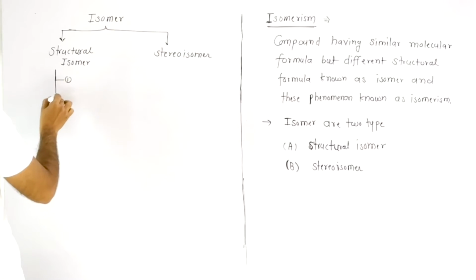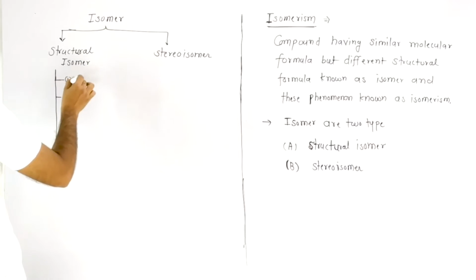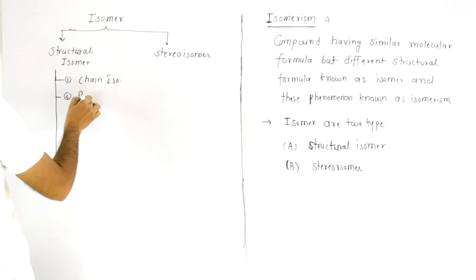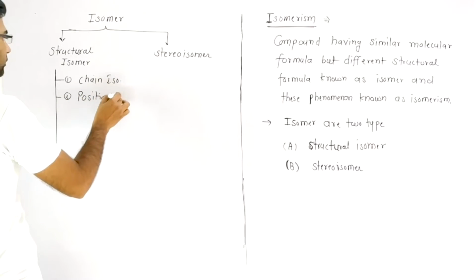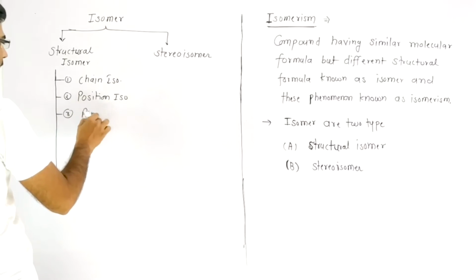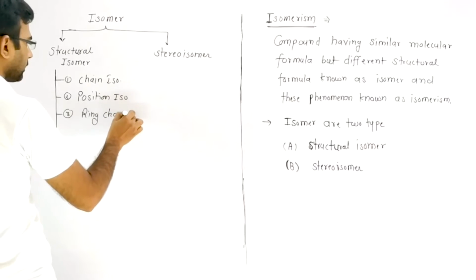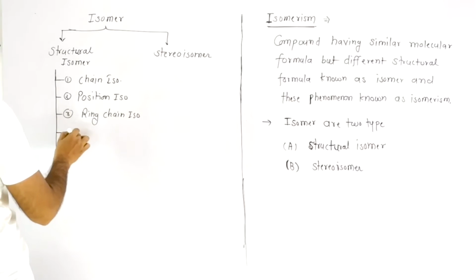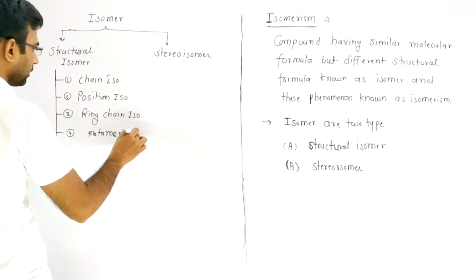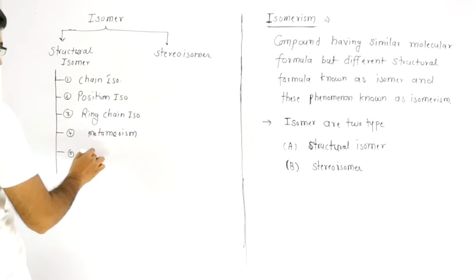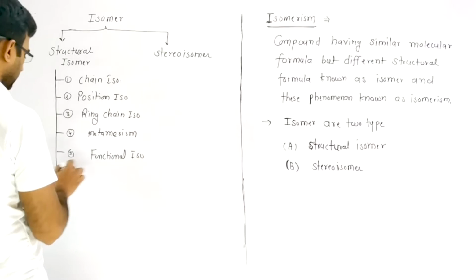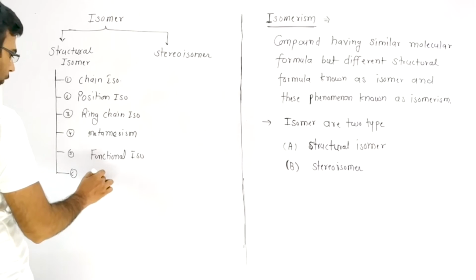Now structural isomer is further classified into chain isomer, position isomer, ring chain isomer, metamerism, functional group isomer, and tautomerism.